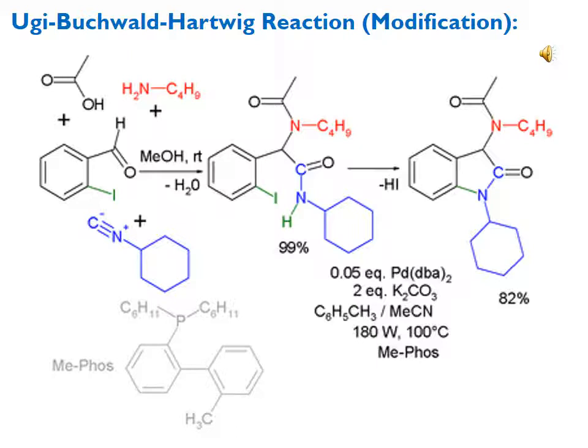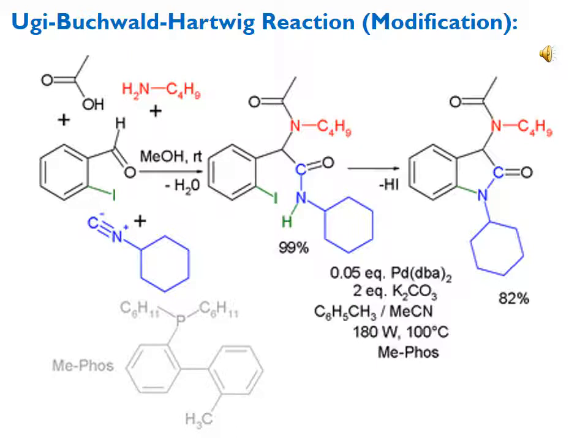The next modification is termed the Ugi Buchwald-Hartwig reaction. This reaction also includes a similar first step, the formation of the Ugi product, and the second step is the formation of a 5-membered cyclic ring, due to the presence of a halo group on the aromatic system.